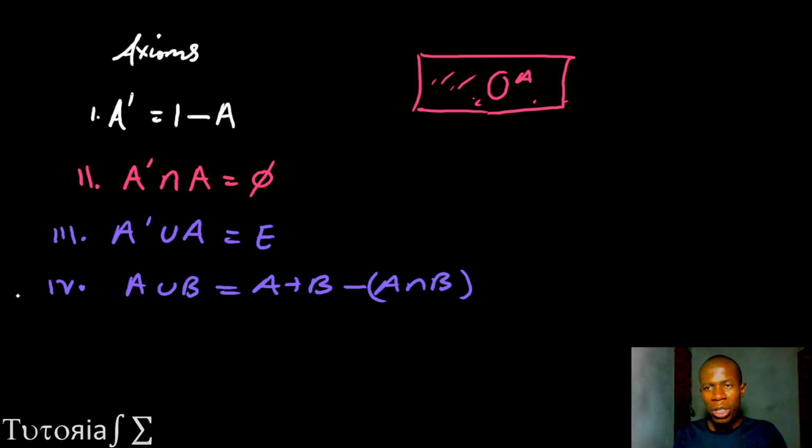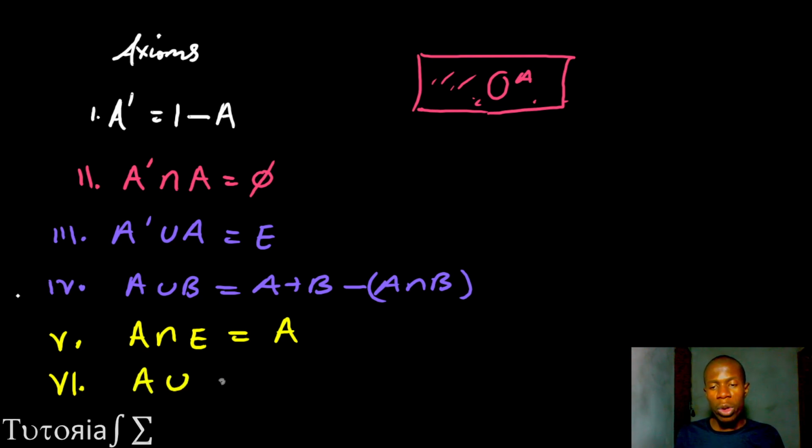Other axioms that we can include here: A intersection the universal set. What does A and the universal set have in common? It will give us A. Axiom number 6: A union the universal set will just give us the universal set.